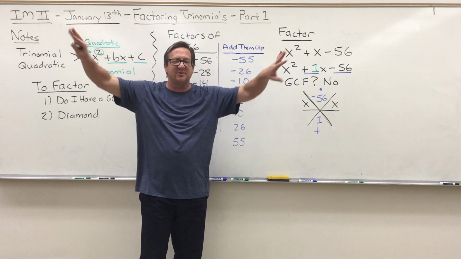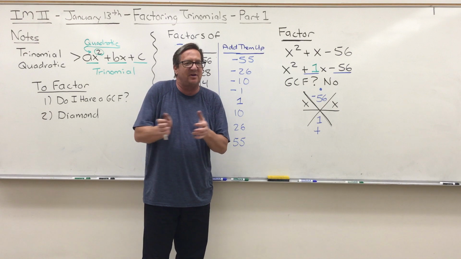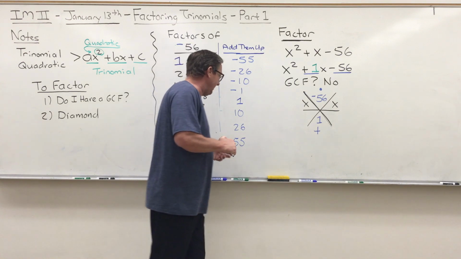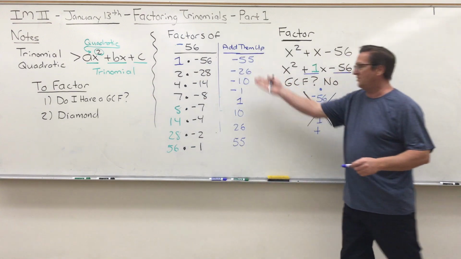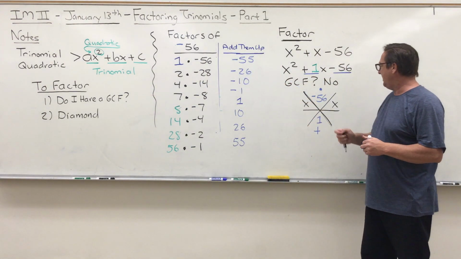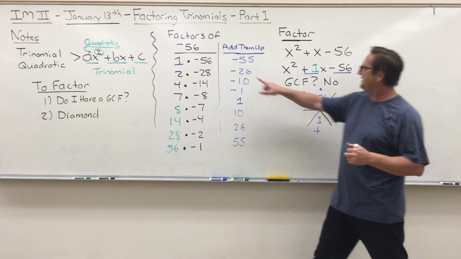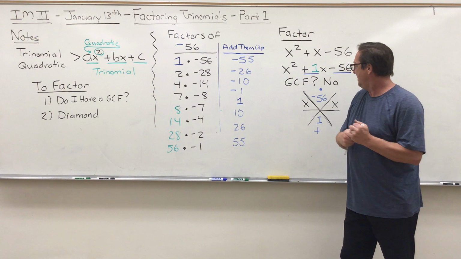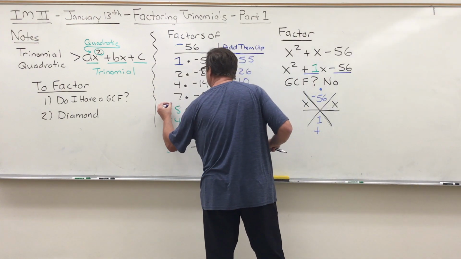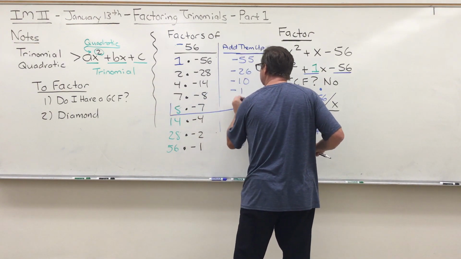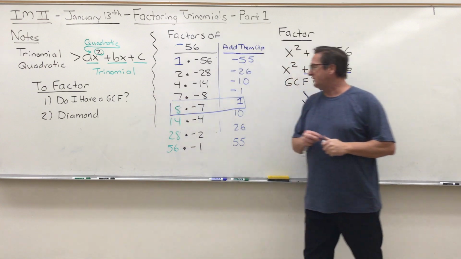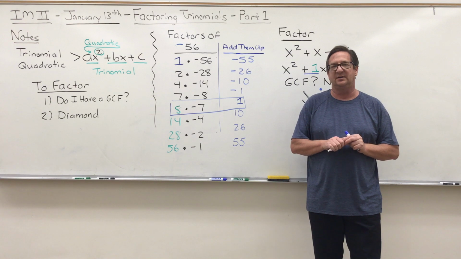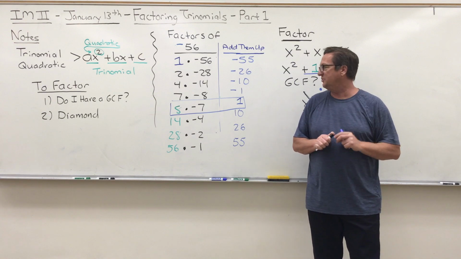So these numbers probably aren't going to be far apart. The smaller the number, the smaller the gap is with what we're doing. We already made our table right here, and we're looking for a negative 56, which is guaranteed on the left. All you have to do is find the combination that gives you a 1.